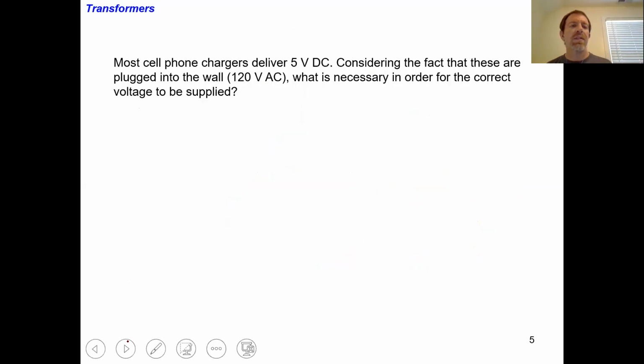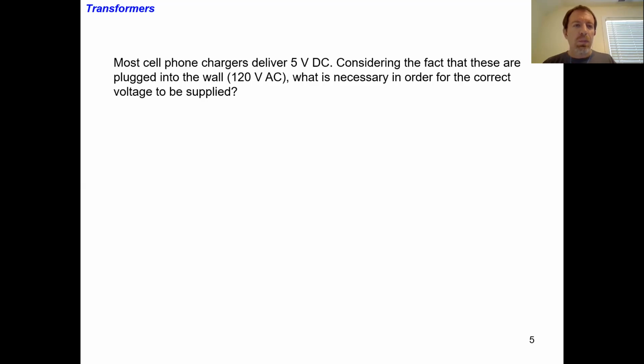All right, where do we see transformers in day-to-day life? Well, a cell phone charger would be one example. And I gave you guys some other examples when we were meeting in person back ages ago. It says most cell phone chargers deliver 5 volts DC.